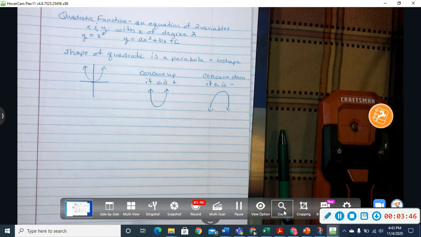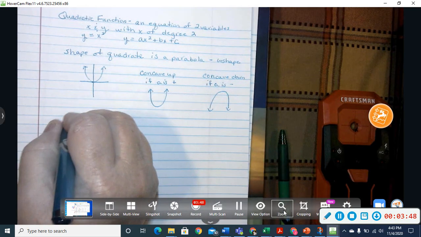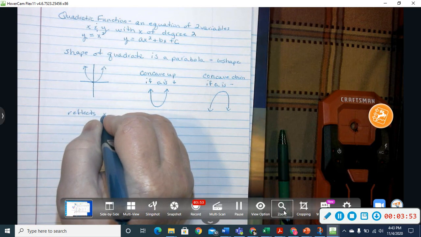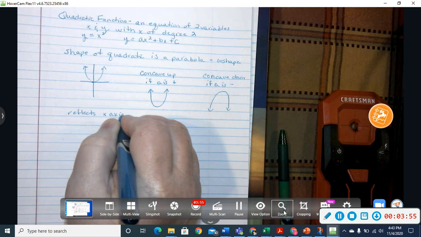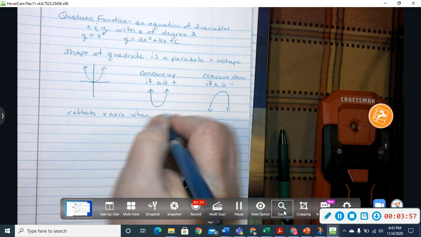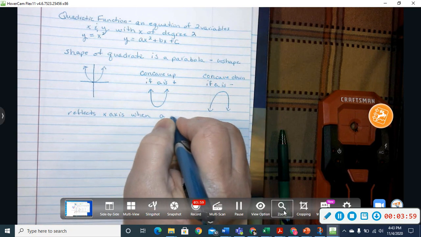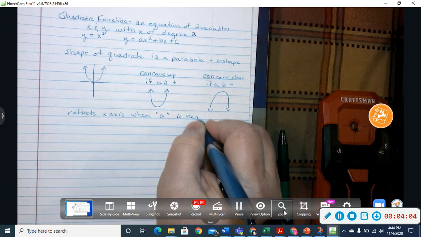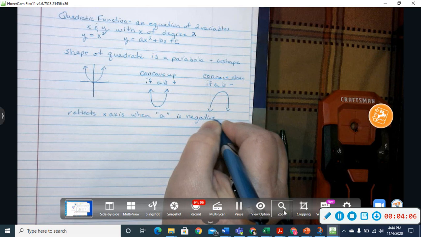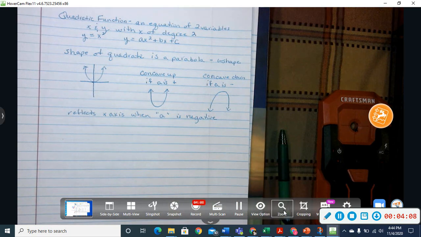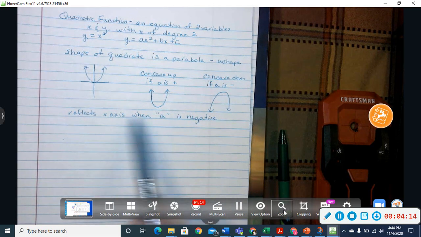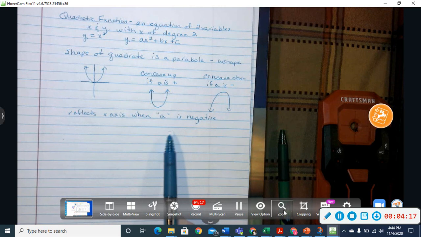So we also talk about this as a reflection, and it's reflecting over the x-axis when the a value is negative. So we'll talk about that more when we talk about transformations, but being concave up or concave down does have to do with the sign of the a value.